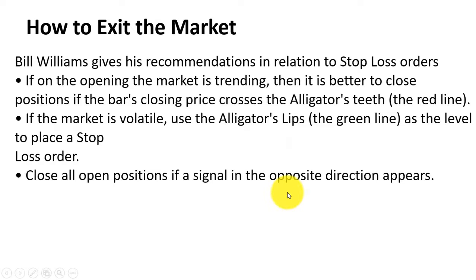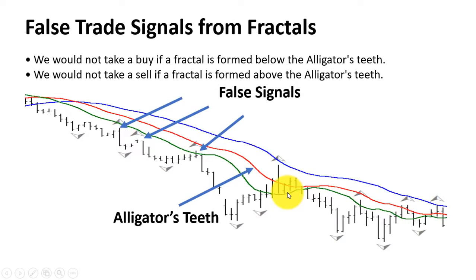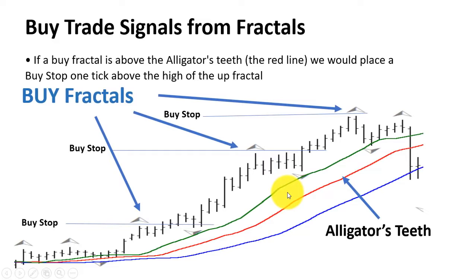The second method is if the market is volatile. What do we mean by a volatile market? That is, you see the angle of the alligator is very steep. That means you can use the alligator lips as a stop level. Let's look at this one here.